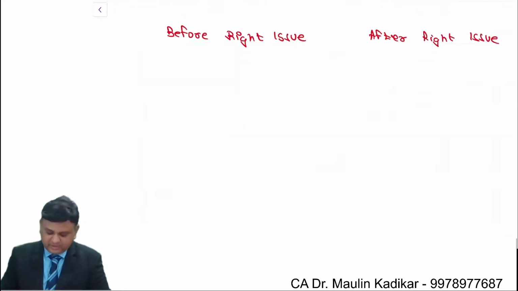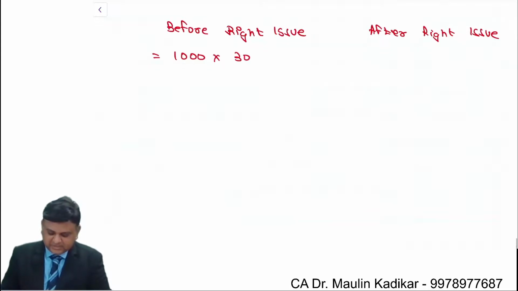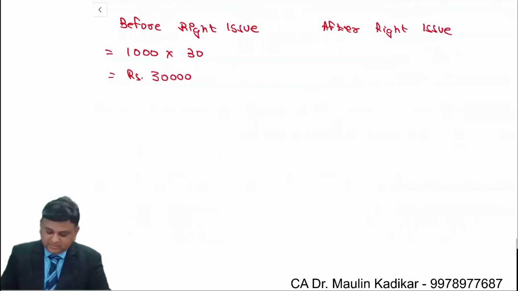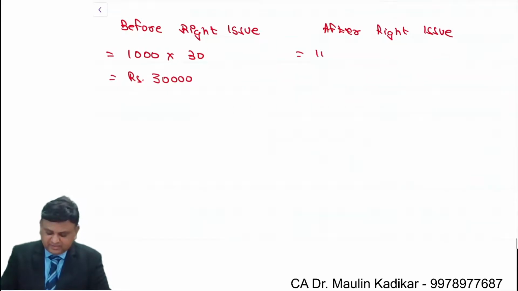Before the right issue, how many shares were you holding? 1000. Price is 30. That is an amount of rupees 30,000. After the right issue, the number of shares that you are holding would remain the same, 1000. And the price would be only 28.